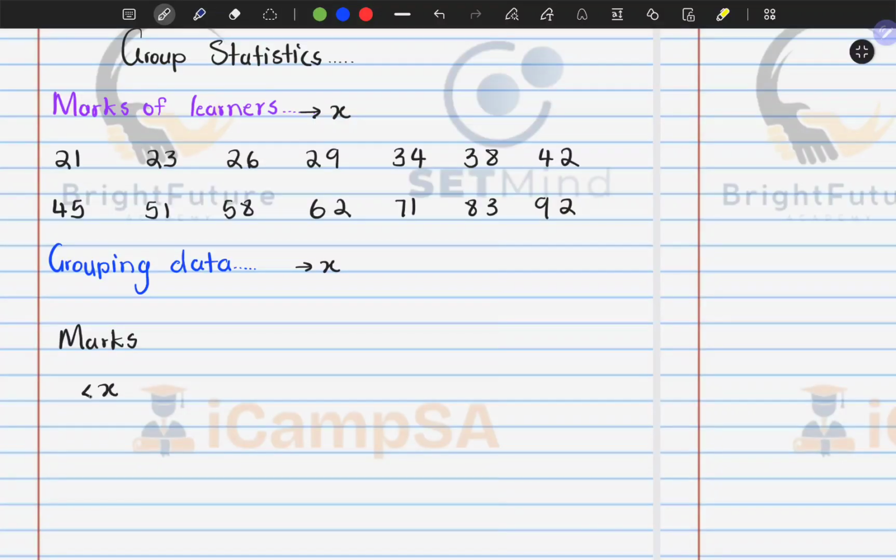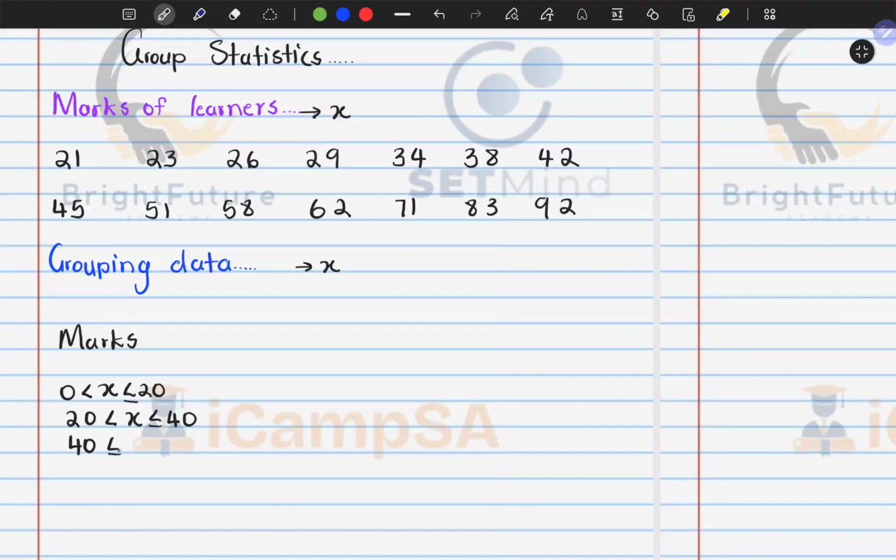So I'm going to look at marks greater than 0, but less than or equal to 20. And then I'm going to have 20, and then I'm going to have 40. So we need X values bigger than 20, but less than or equal to 40. I'm just going to move in steps of twenties.